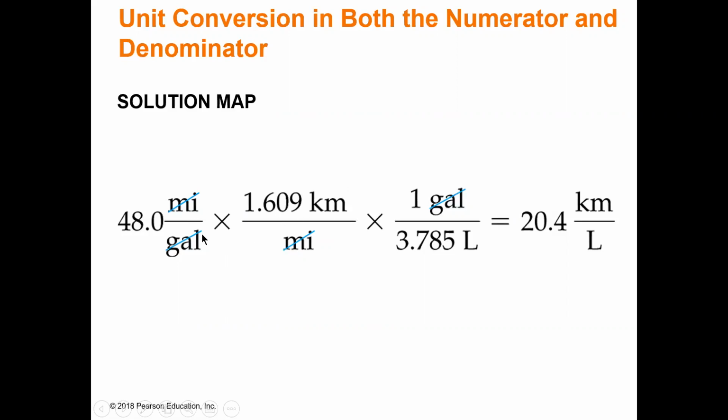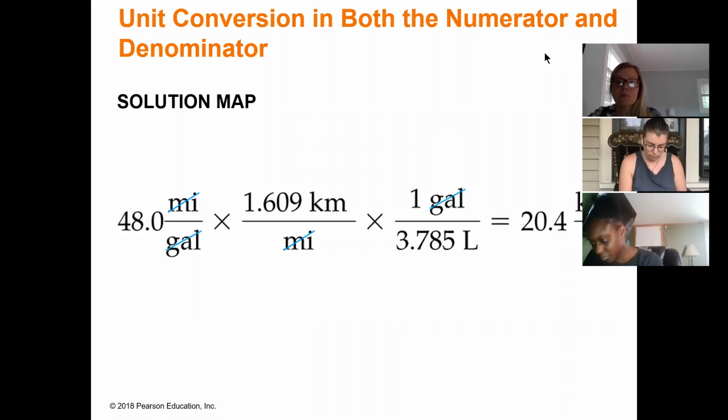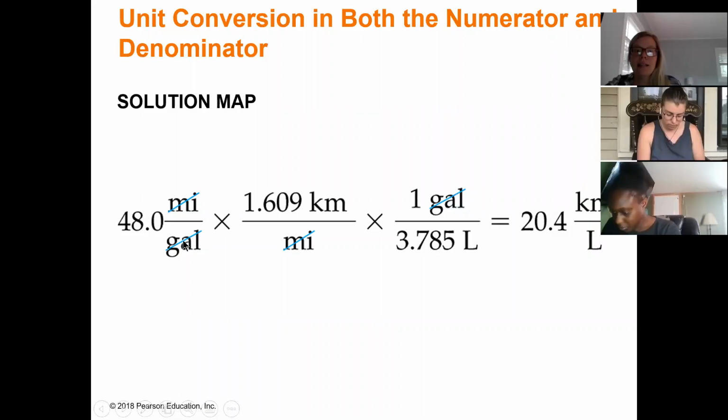Now, the second thing we want to do is get rid of the gallon, and we want it to be per liter. So on the bottom, I want this to be per liter, all right? So I need my gallon, or what I'm trying to get rid of, to be opposite. So I'm actually going to put the gallon unit up on top. So here we have 1 gallon is equal to 3.785 liters.